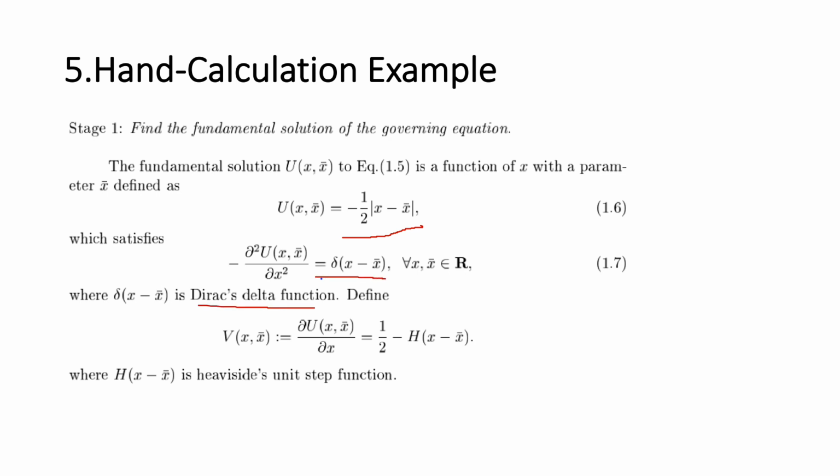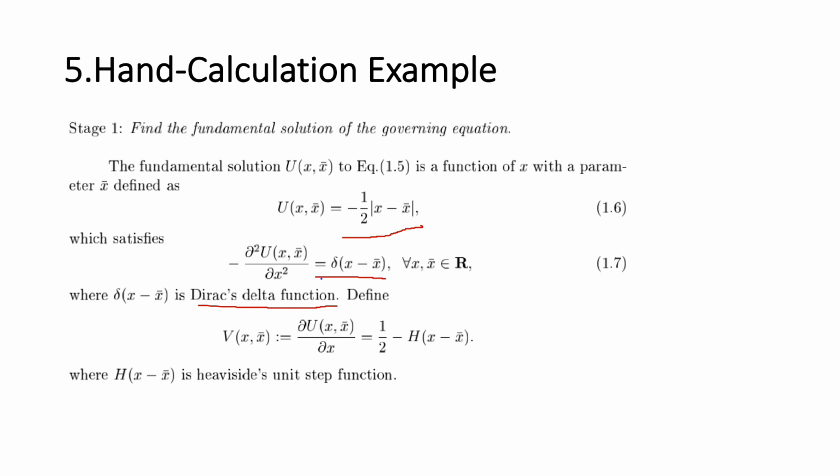The Dirac delta function is a very useful tool in applied mathematics. It's a function that is 0 everywhere except at one point, and at that point where it's not 0, it's infinity. The Dirac delta function also integrates to 1.